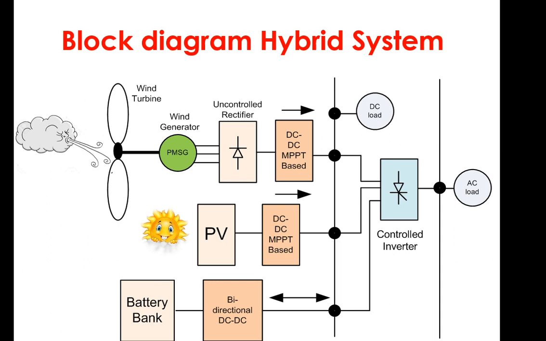Apart from that, in this kind of system where the grid is not connected or not existing at all, in that case we have to incorporate the dump load over here. Otherwise there will be excessive power generation and no usage of that power.